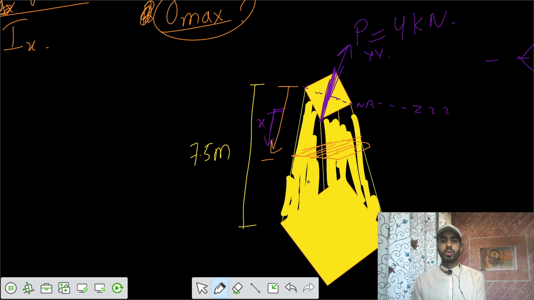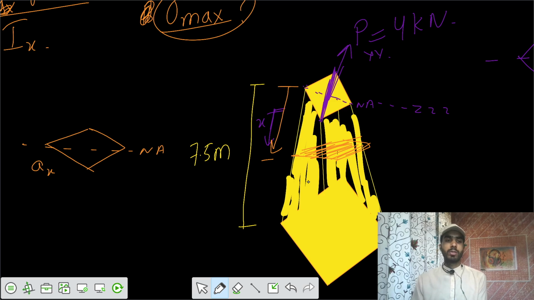That means on this square of side ax, this is your neutral axis, and you have to see how much moment is applied from the free body diagram.